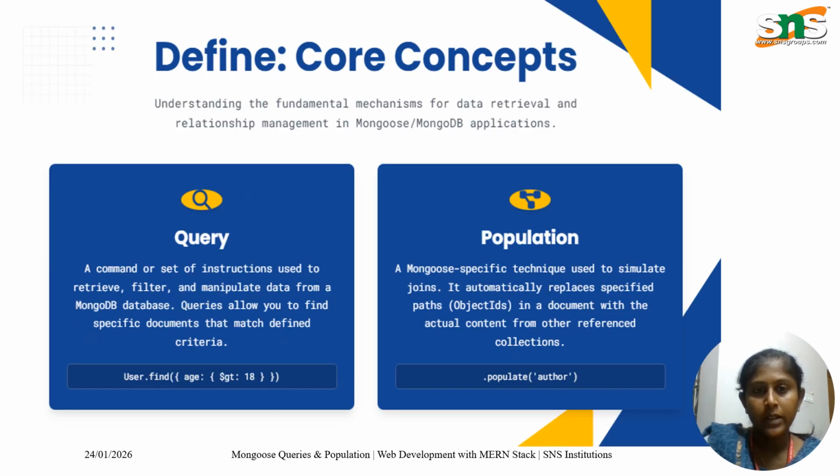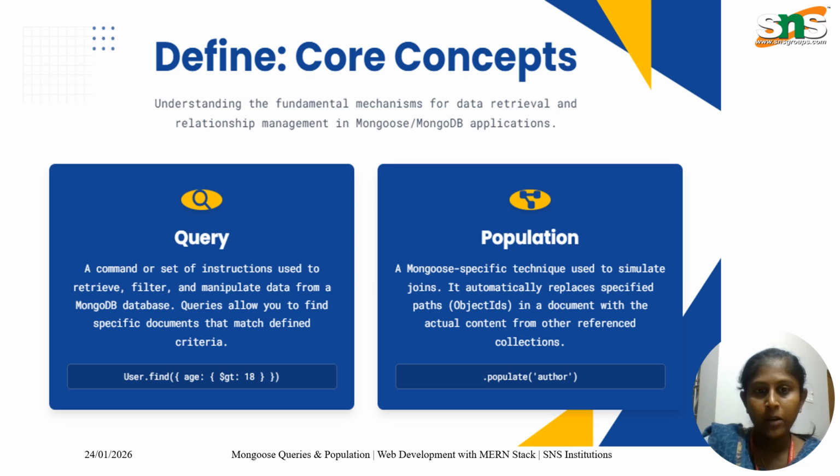Let's define two critical concepts that address these challenges, query and population. A query is a command used to retrieve or manipulate data from the database. For example, using User.find, we can fetch users older than 18. Queries allow precise filtering based on conditions. On the other hand, population is a Mongoose-specific feature used to simulate joins.